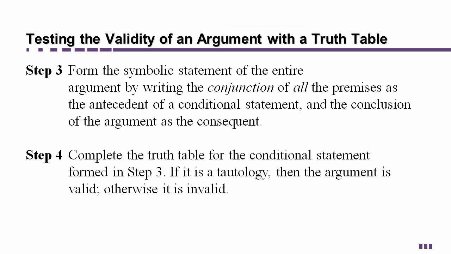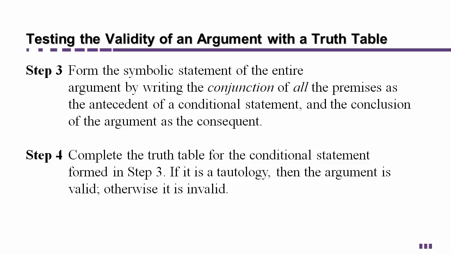After we've done that, we need to form the symbolic statement of the entire argument, so all the pieces put together, by writing the conjunction of all the premises, i.e. all the first bits and pieces before the conclusion are all put together in a conjunction. Remember, conjunction means with a bunch of ands. And then the antecedent of the conditional statement, that's the first part of the if-then. So you get a big old conjunction, that's the if part, and then the conclusion just becomes the then. This will make more sense once we see an example.